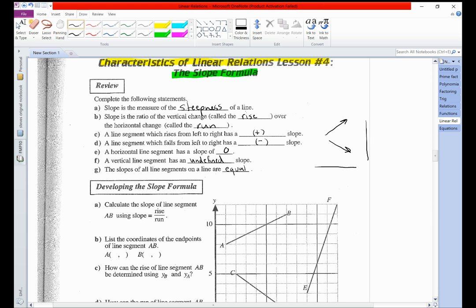What they mean by that is if you had a long straight line, you could measure the slope between these 2 points, you could measure the slope between these 2 points, or you could measure the slope between those 2 points, and it should be equal if it's a straight line. The steepness is going to be the same anywhere, right? The slope will be the same between any 2 points.